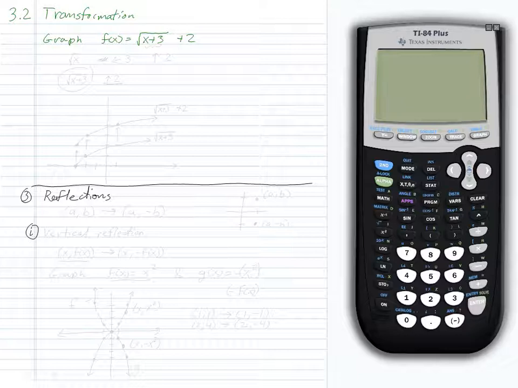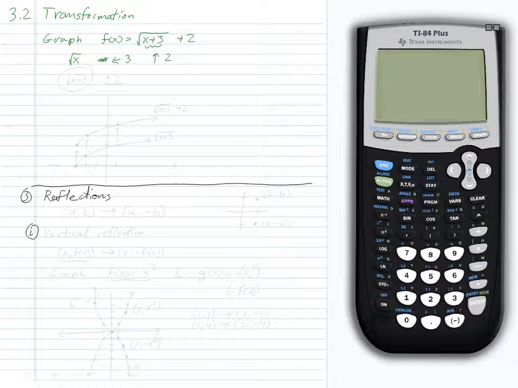Well, I would recognize that I'm going to take the square root of x, the graph of that, and I'm going to shift it to the left 3 units, because inside I'm adding 3 to x, so I need to compensate by bumping all of my x values down by 3. And I'm also going to shift up 2 units.